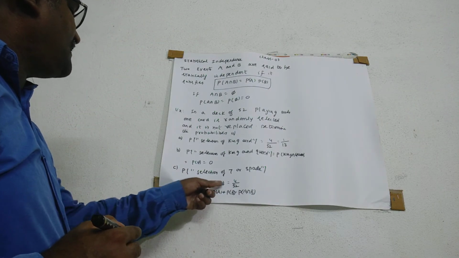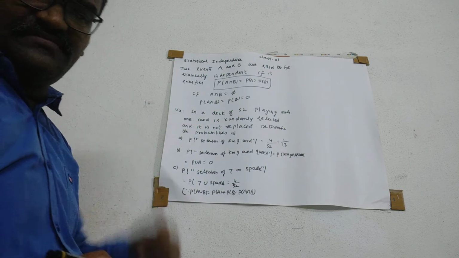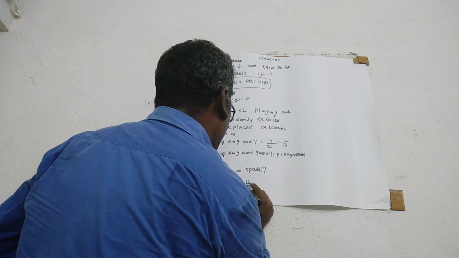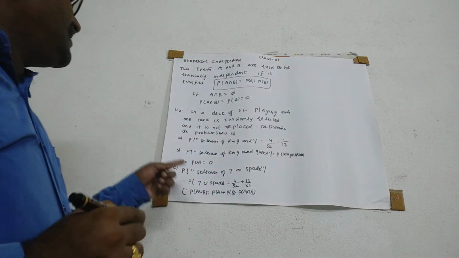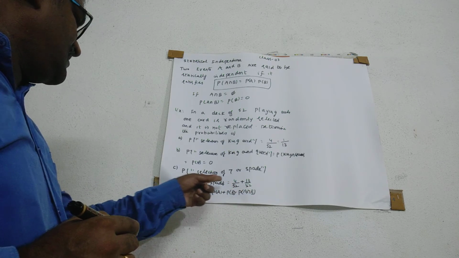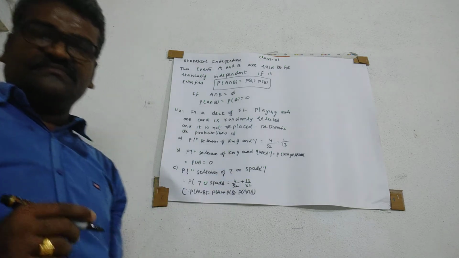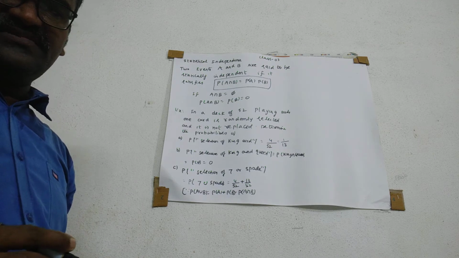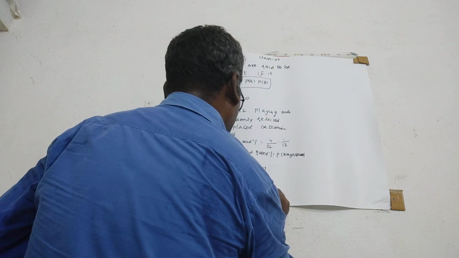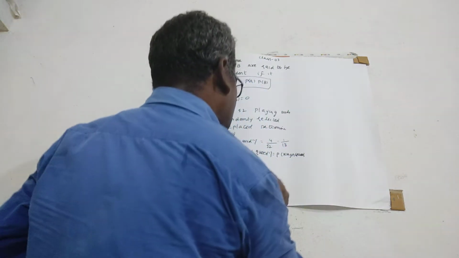Then how many spade cards do we have in 52 cards? We have 13. Hence it is plus 13 by 52. Then what is the probability of selection of both 7 as well as spade, the intersection of 7 and spade? We have one possible such combination. Hence it is minus 1 by 13.